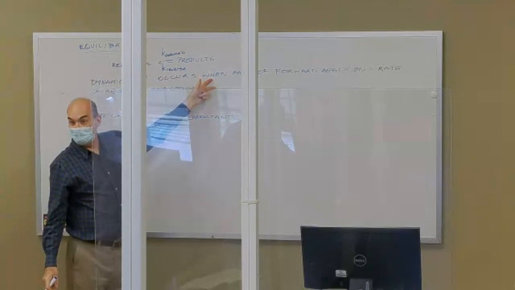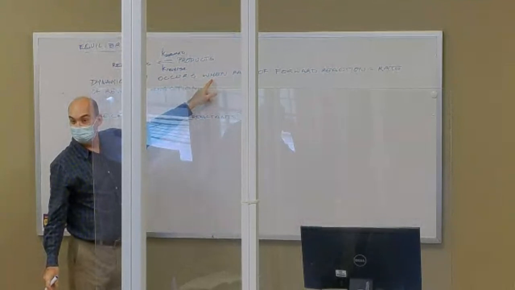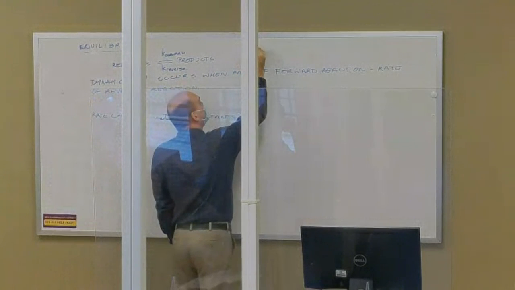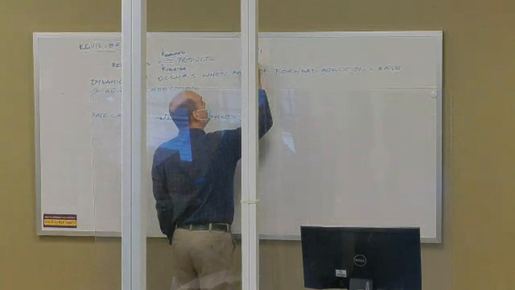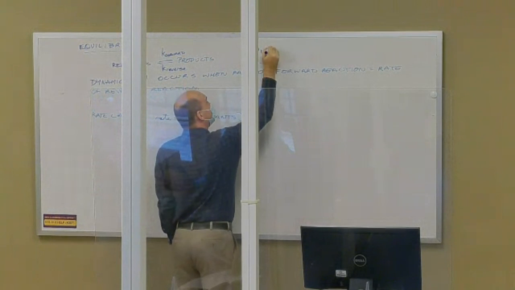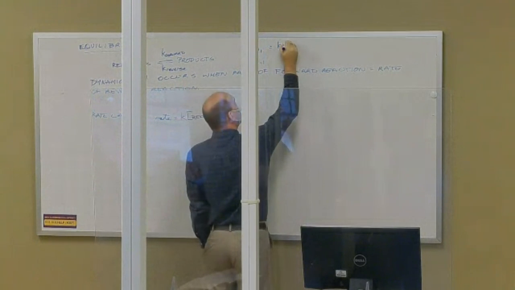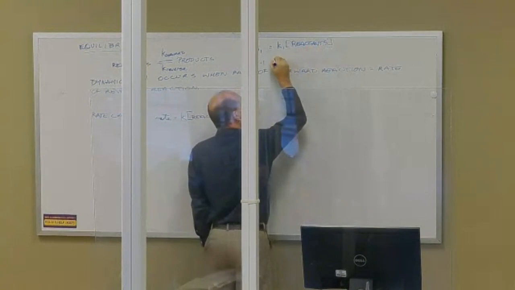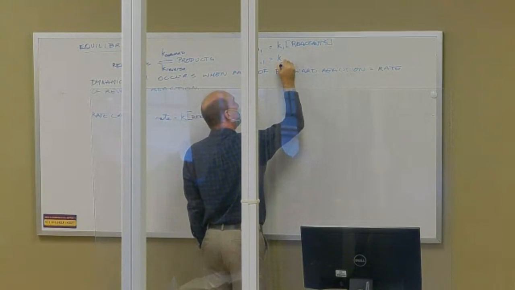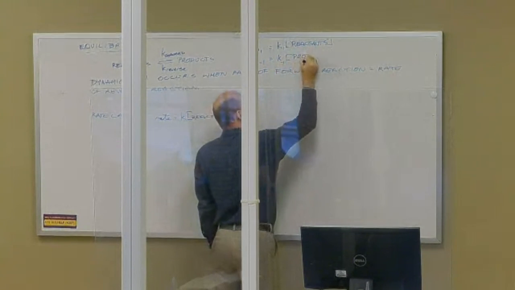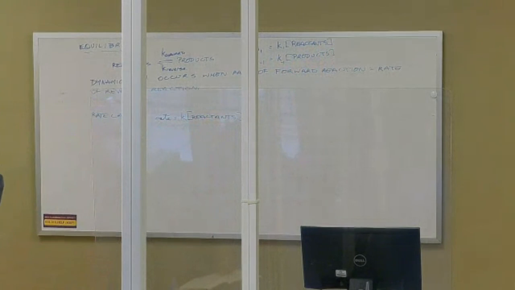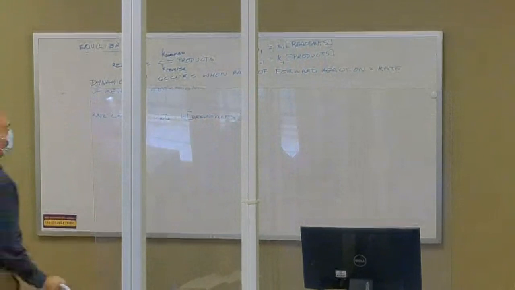So in reverse, I start with the products. The rate constants for those two are equal but opposite. And one has reactants and one has product.